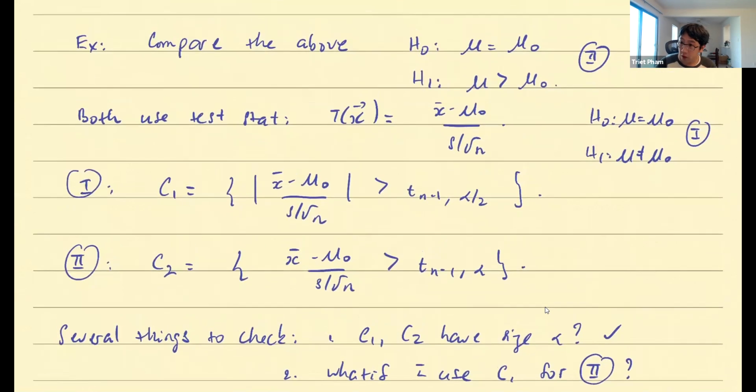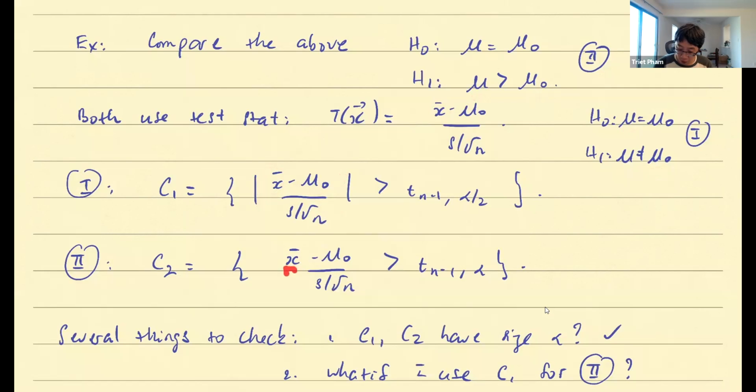And again, we feel that this is the most appropriate. Why? Because this is a two-sided test. X bar is the estimator for mu. We reject if X bar is sufficiently different from mu naught, whether sufficiently larger or sufficiently smaller, and that's why we have the absolute value. In test 2, we only get that mu is bigger than mu naught.